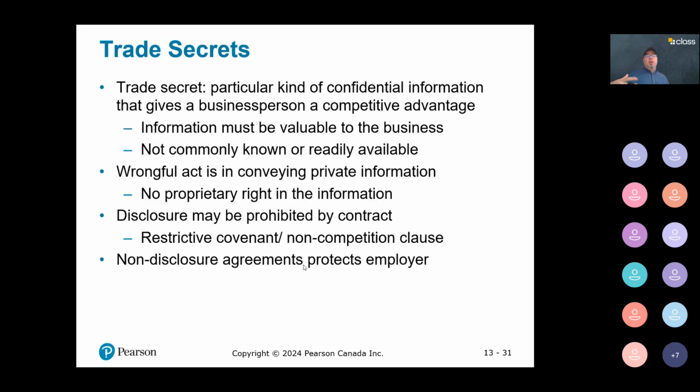Now, imagine if Coca-Cola or McDonald's or KFC had applied for a patent, and if that patent had been granted, after 20 years anyone else could manufacture that. So they decided to keep that information secret. And because they kept it secret and they have a business advantage, it is classified as trade secret.